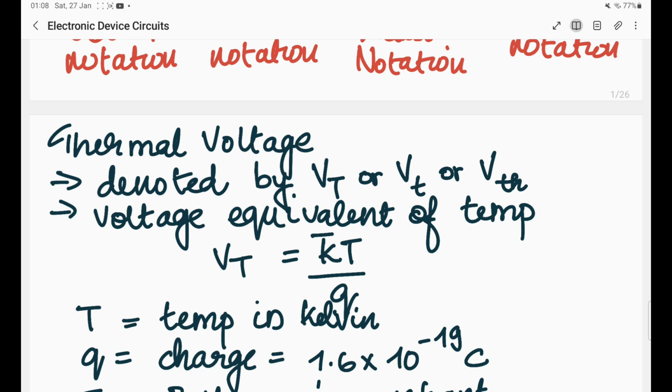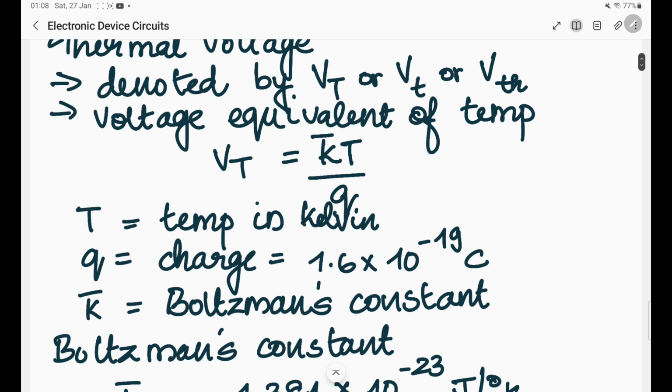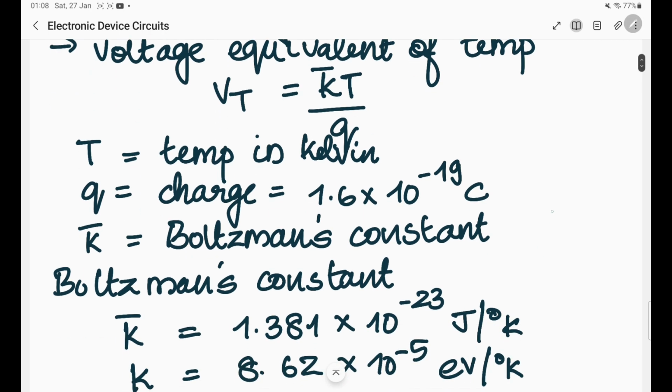So Vt is equal to k'T by q. Why is it k'? That is also coming down below. Here T is the temperature in Kelvin, and k' is the Boltzmann constant. The Boltzmann constant can be represented either in terms of electron volt per Kelvin or joules per Kelvin. Here k' is given in joules per Kelvin, that is 1.381 times 10 raised to minus 23 joules per Kelvin.